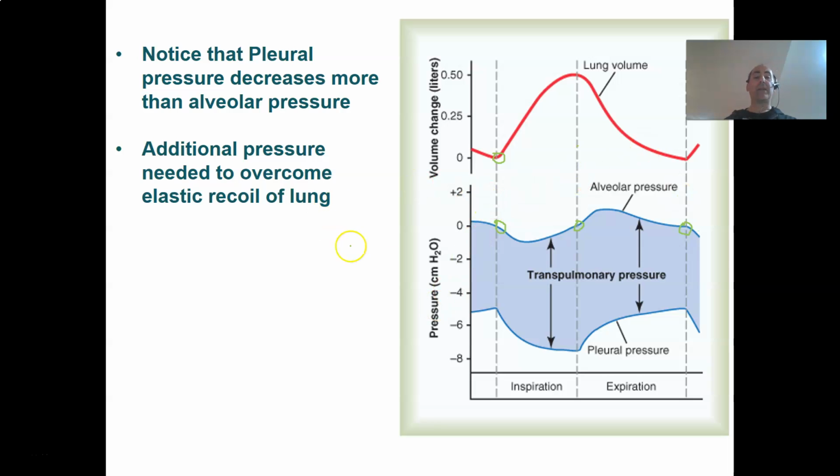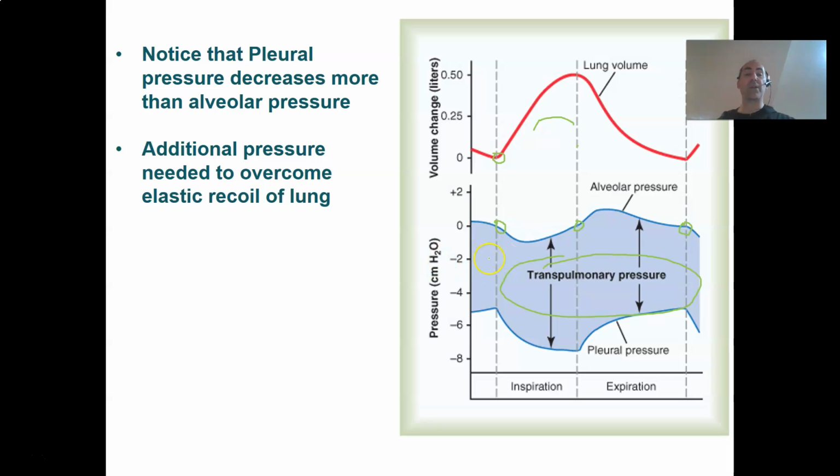Now, what we didn't talk about in this whole thing is transpulmonary pressure. Remember, transpulmonary pressure is always positive. Pleural pressure is always negative. Transpulmonary pressure is always positive. And alveolar pressure is either 0 if there's no air moving, negative if air is moving into the lungs, and positive if air is moving out of the lungs.